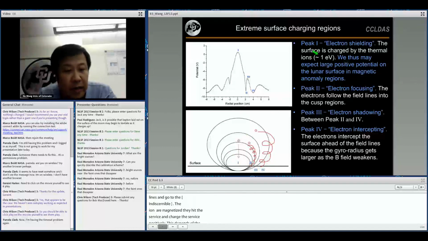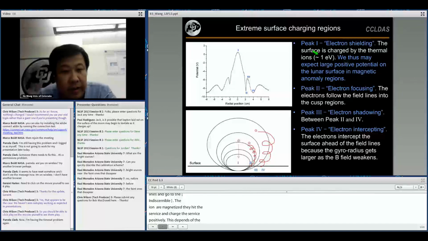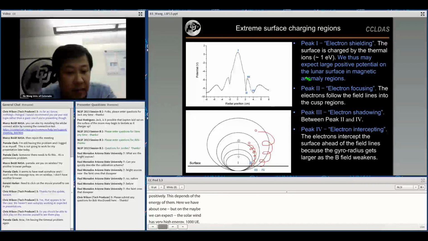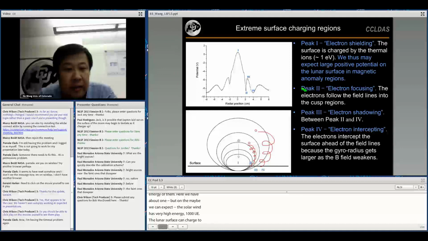Here we got about 1 volt more positive than the bulk, but on the moon, the solar wind has very high energy, 1,000 eV. So the potential on the lunar surface in this region can charge to be very positive, and this is a very extreme charging.